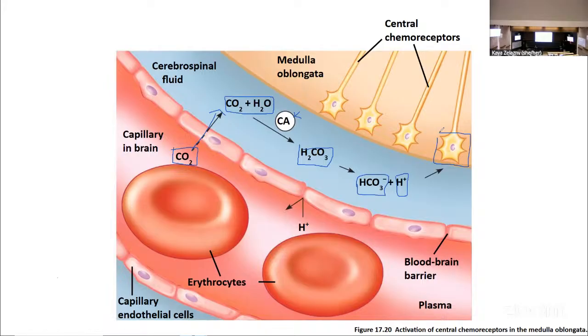They're not directly sampling what's in the plasma, but we've got this indirect pathway that protects our brain, protects those chemoreceptors in the brainstem from things in the blood that we don't want to contact our brain, but still lets us respond to the levels of this gas. Okay, so that's what we want to know about the receptors.